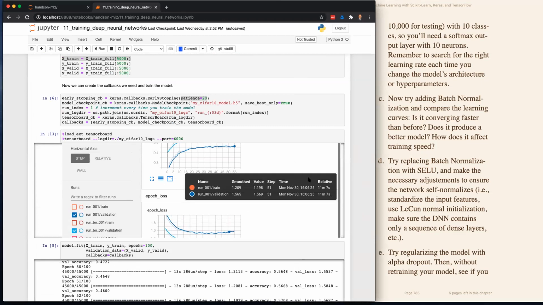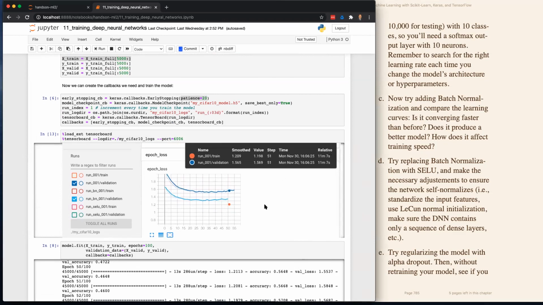I'm not sure how to get rid of this. But anyway, this is what it's telling us. I think this is the accuracy and epoch loss when we have batch normalization, and when we don't. How do we interpret it?